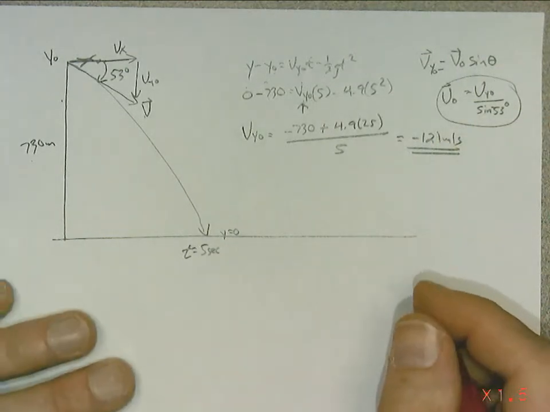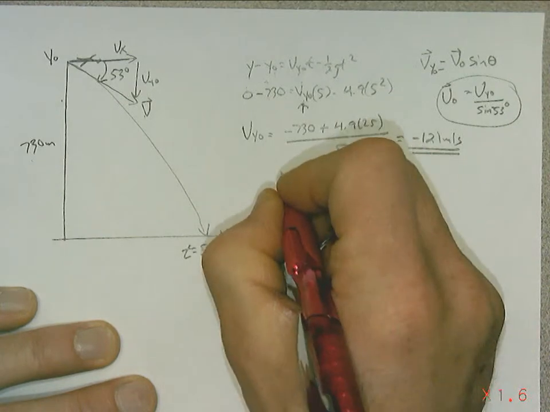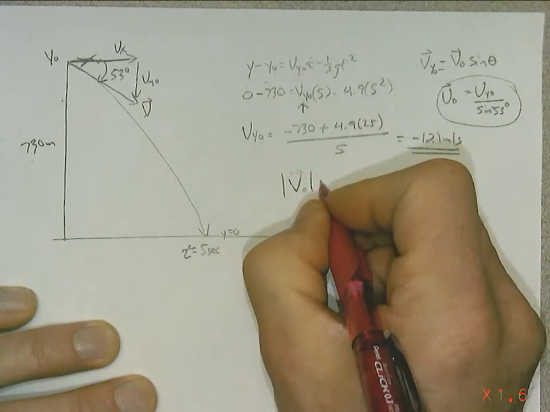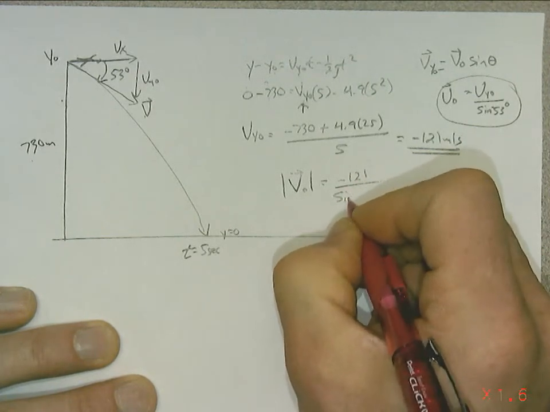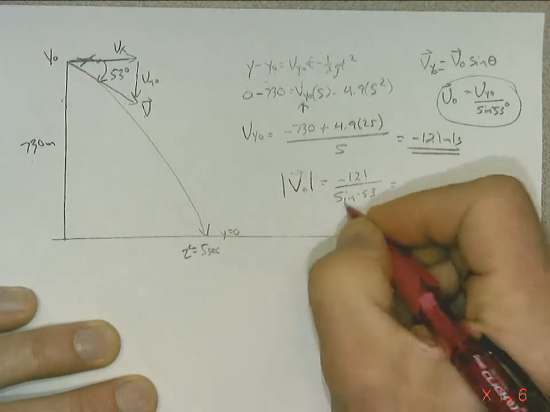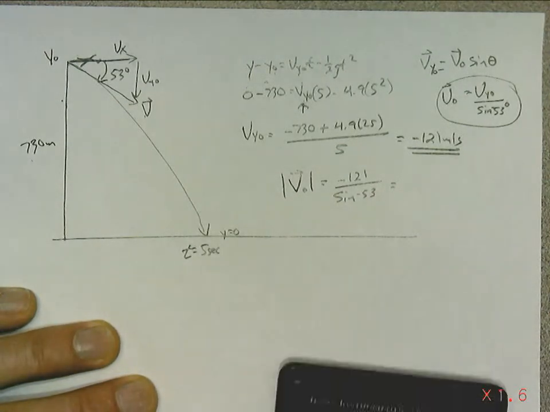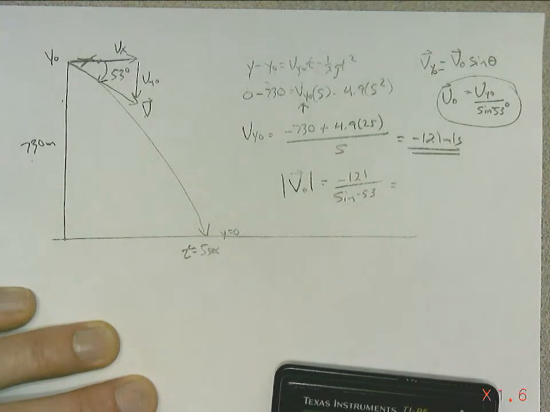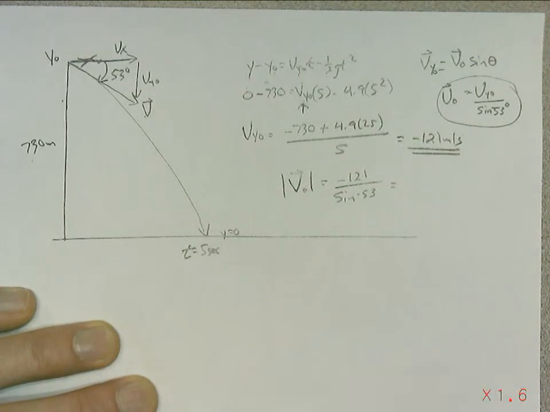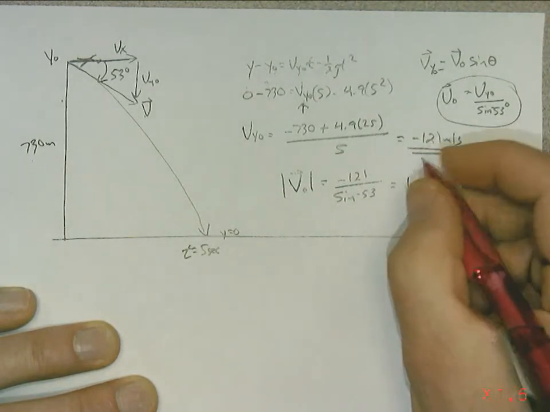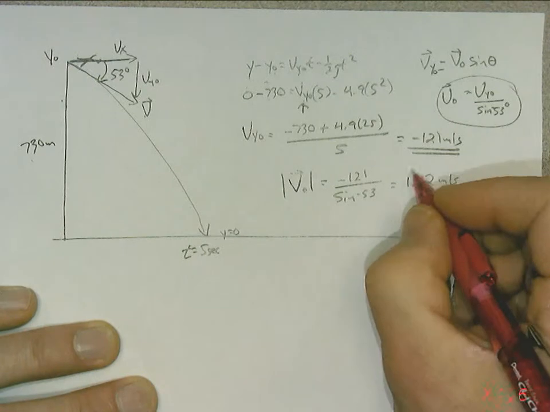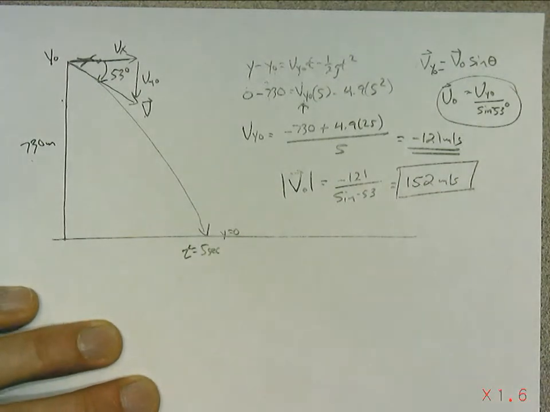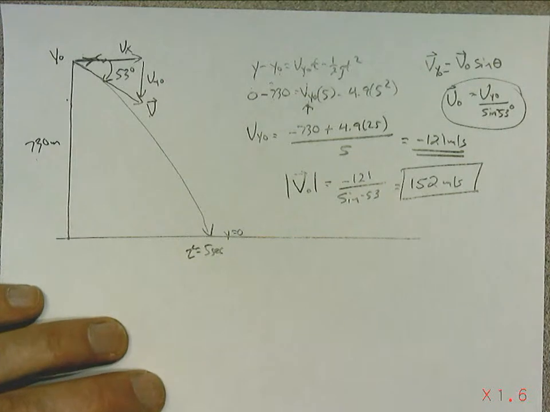So there's Vy0, and then V0, the magnitude of the initial velocity, is equal to minus 121 over sine of minus 53. So that's going to be a negative as well. Let's see what that gives us. Divided by sine of minus 53, that gives us 152 meters per second, approximately. So there's our answer. That is the initial speed of the bomber.